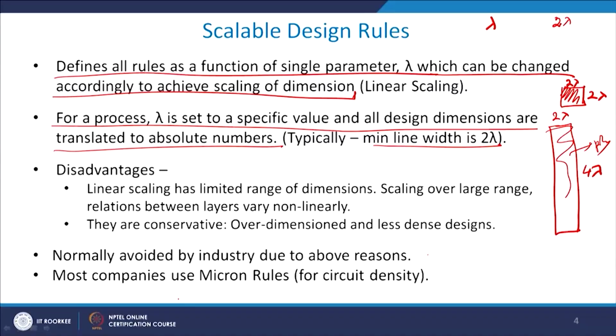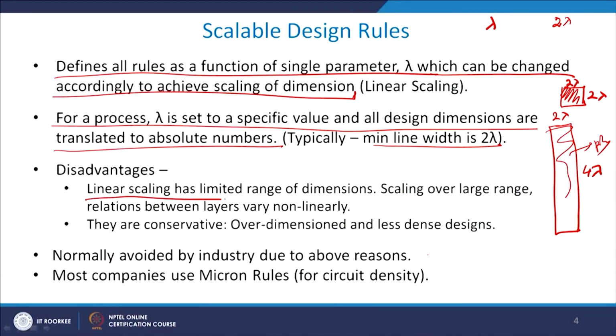The advantage is of course that it is scalable, but the disadvantage is that it is not scalable over a very large range of designs, because the linear scaling has limited range in dimensions, and they are conservative in nature, so less dense designs are available to you.